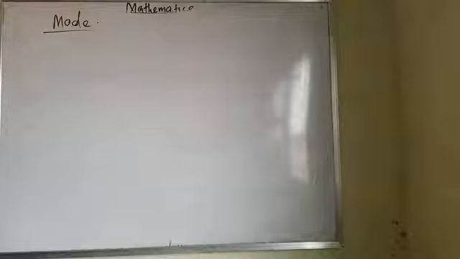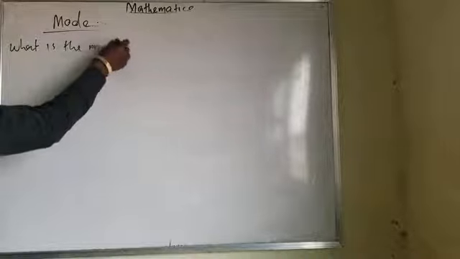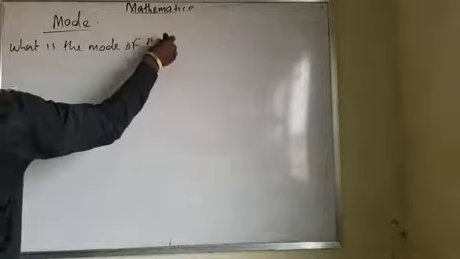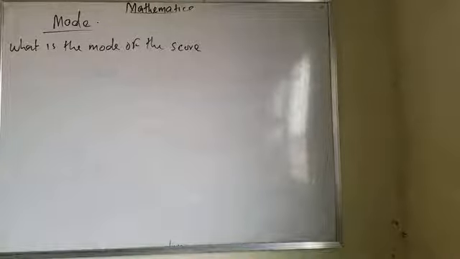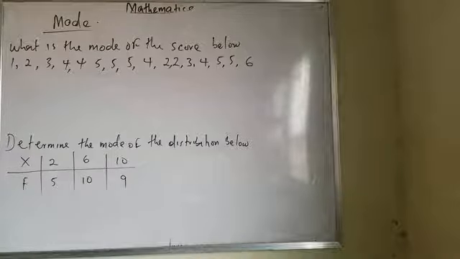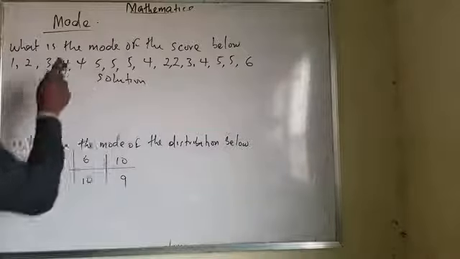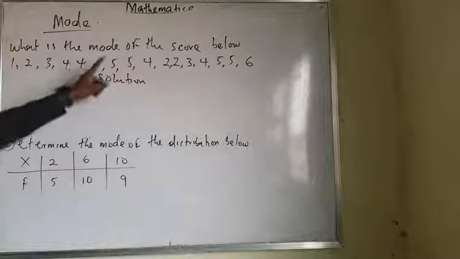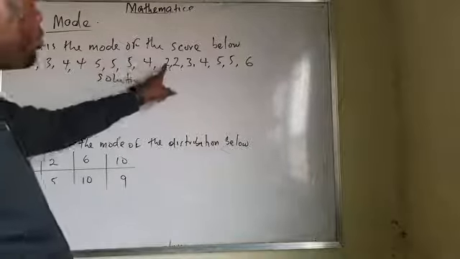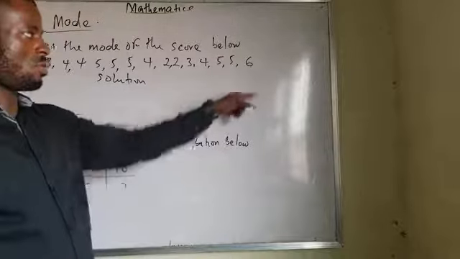Okay. Now, look at this. What is the mode of the score? Look at this question. The first one, I'm asked, what is the mode of the score below? 1, 2, 3, 4, 4, 5, 5, 5, 5, 4, 2, 2, 3, 4, 5, 5, 6.